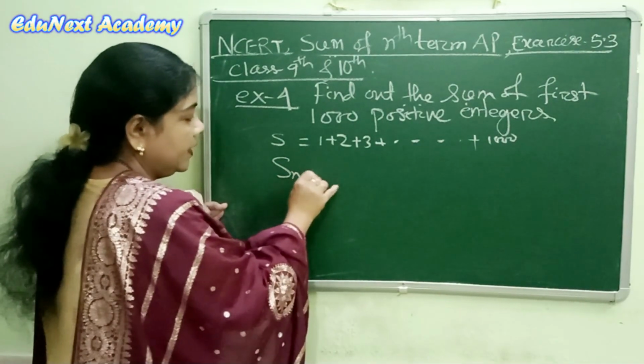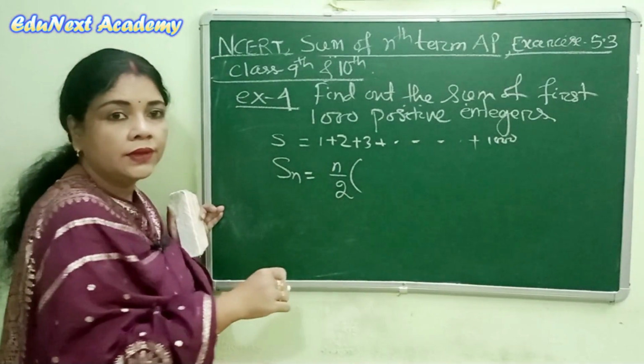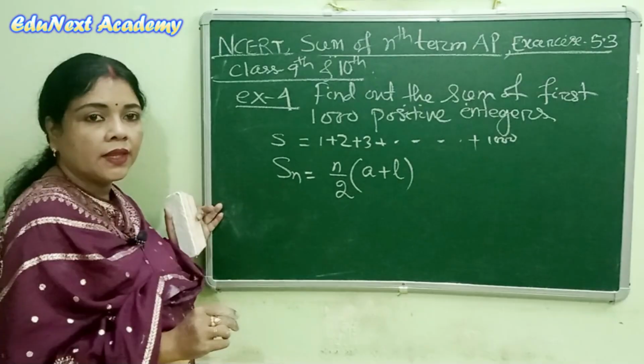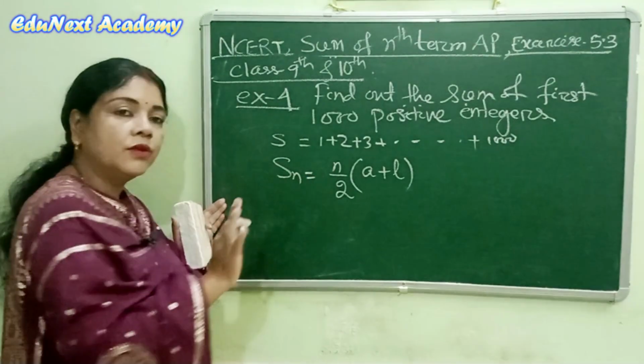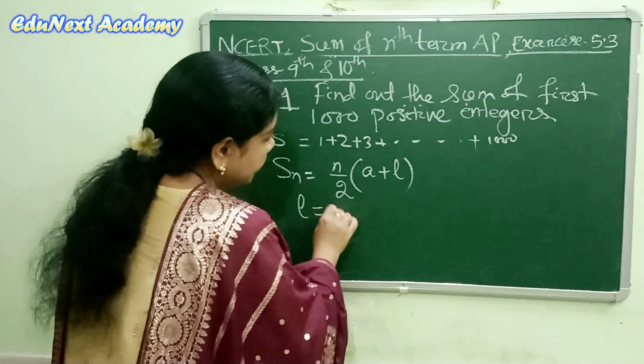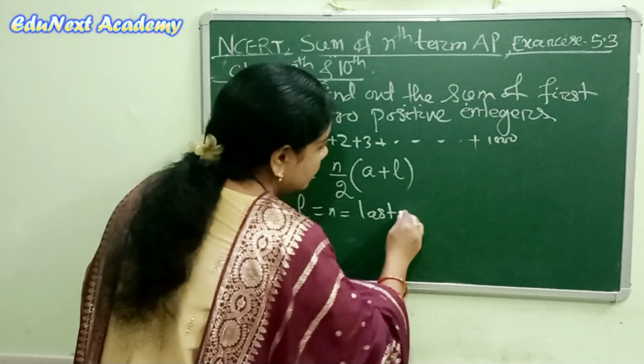So for this type of natural positive integers, how do we find the total sum? That is S of n, the formula is n by 2 whole into a plus l. Here n is the number of terms, that means thousand, and l is the last integer or last number.